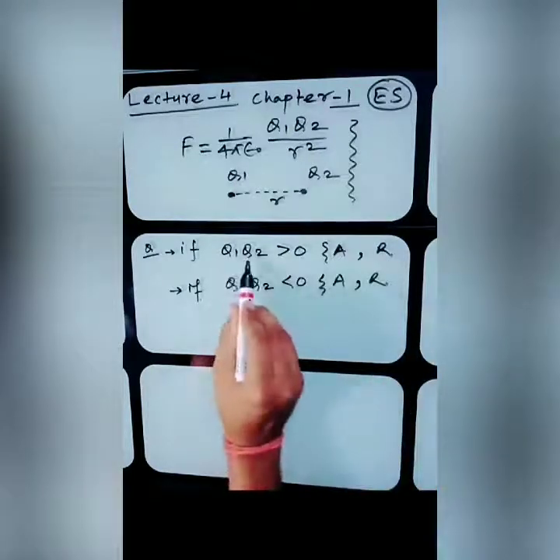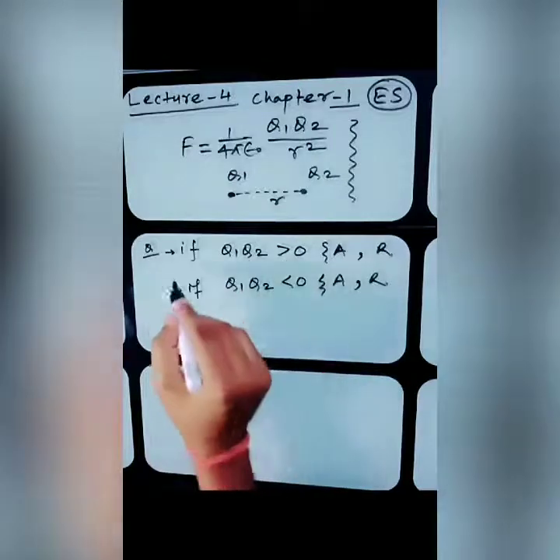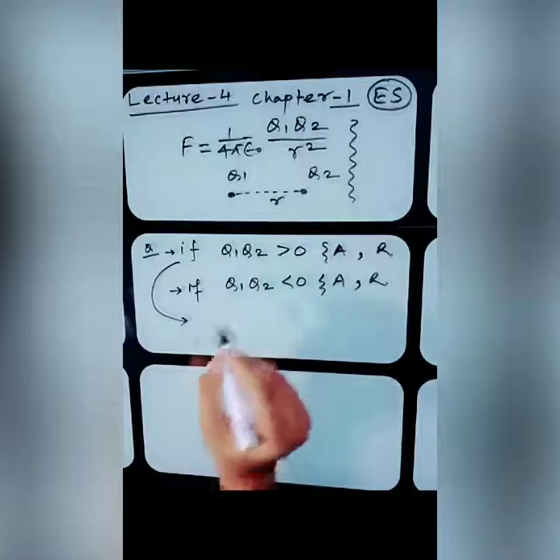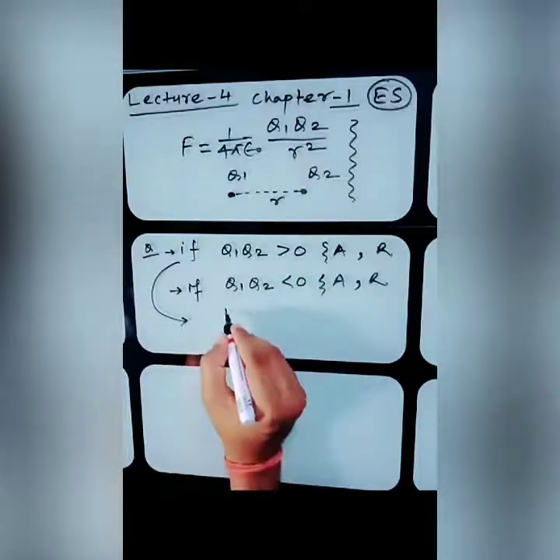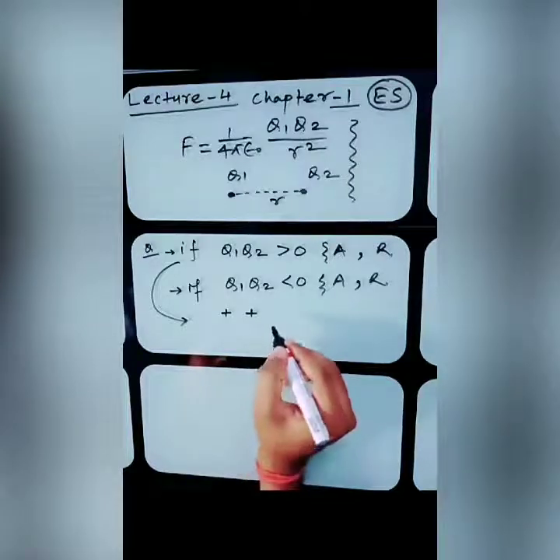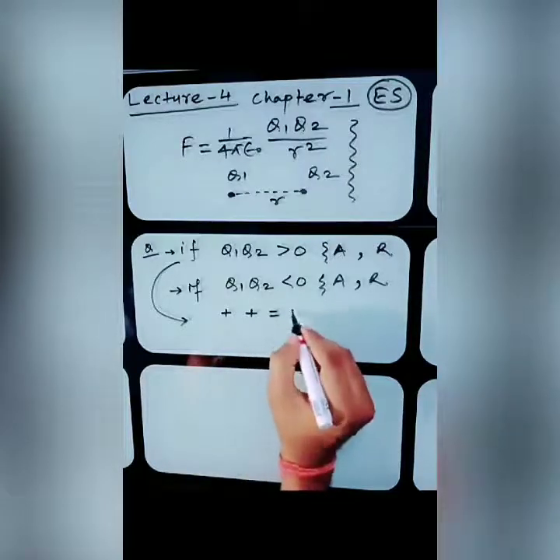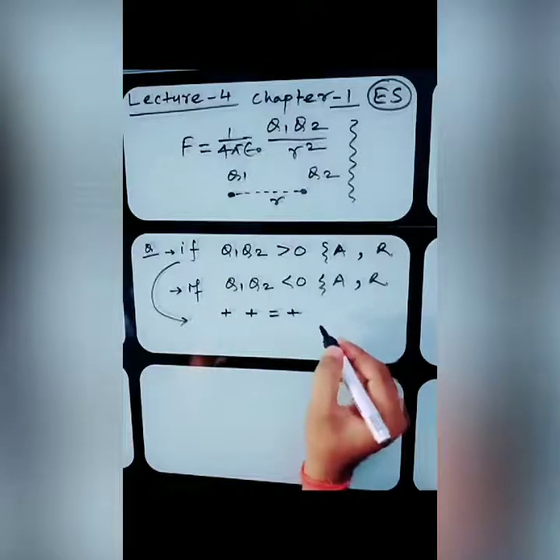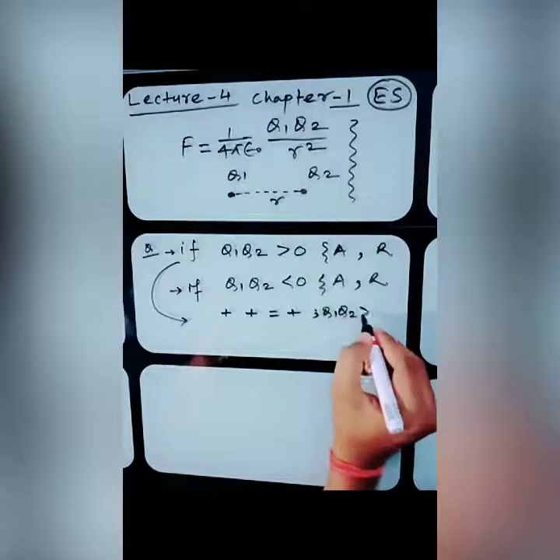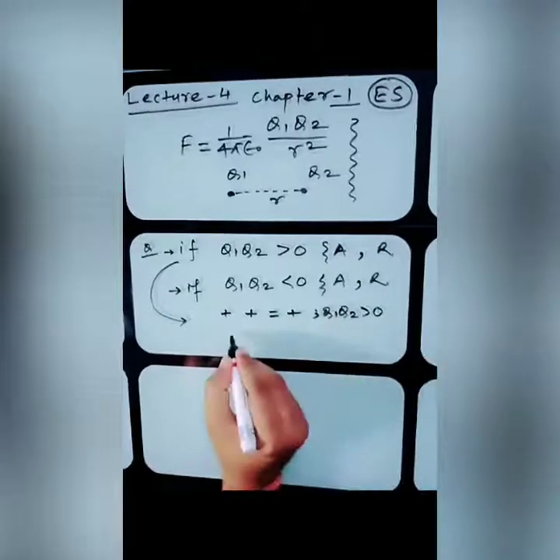If the product Q1 Q2 is positive, what are the possibilities? Either Q1 is positive and Q2 is positive, then the product will be positive, that is Q1 Q2 greater than 0.